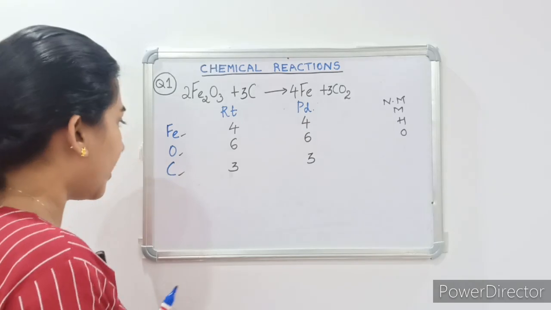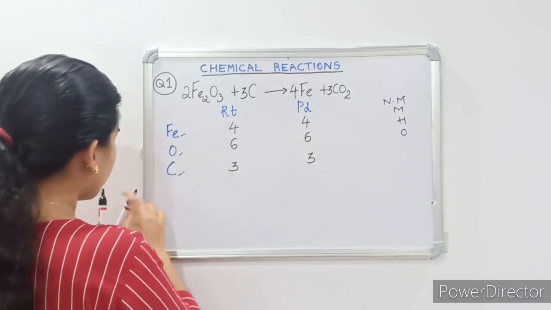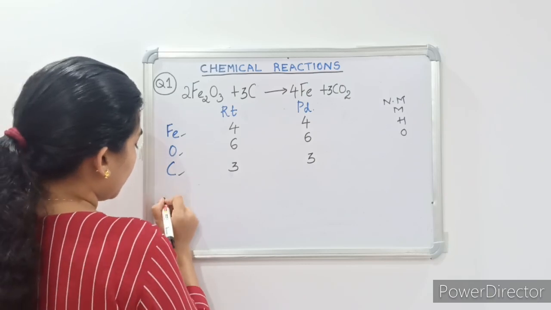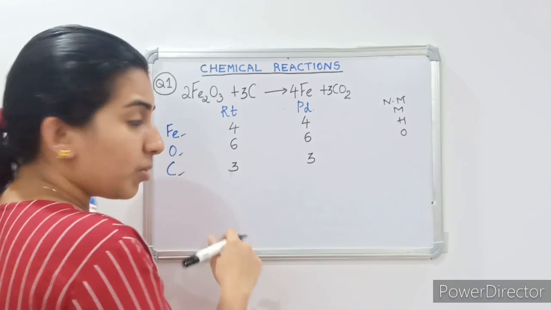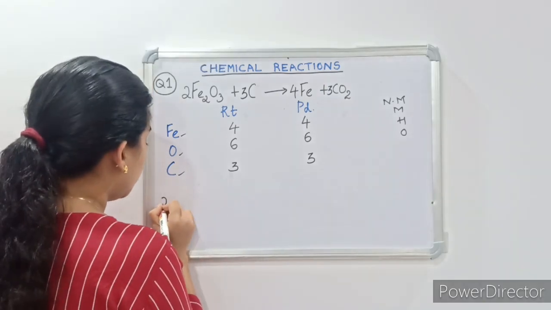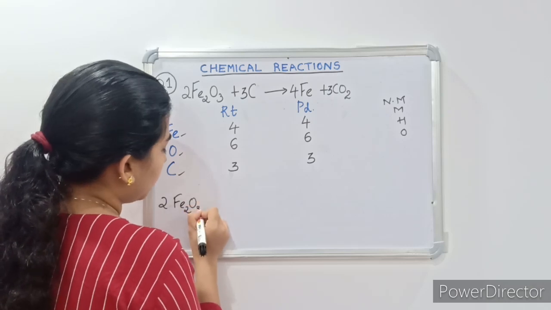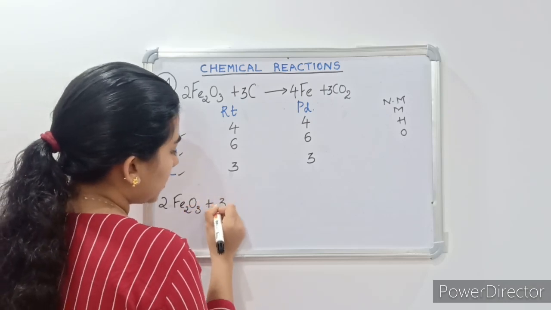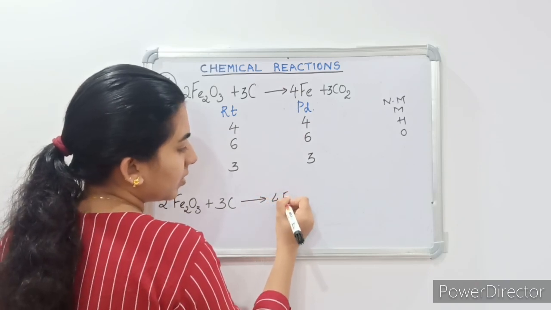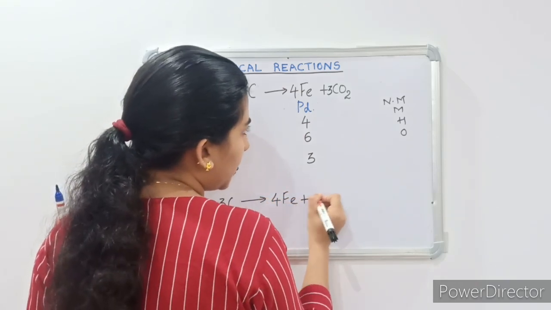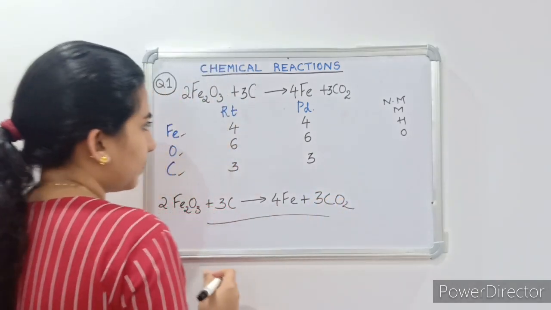So, the equation is balanced. Now, the balanced form of this equation is 2 Fe2O3 plus 3 carbon gives 4 Fe plus 3 carbon dioxide.